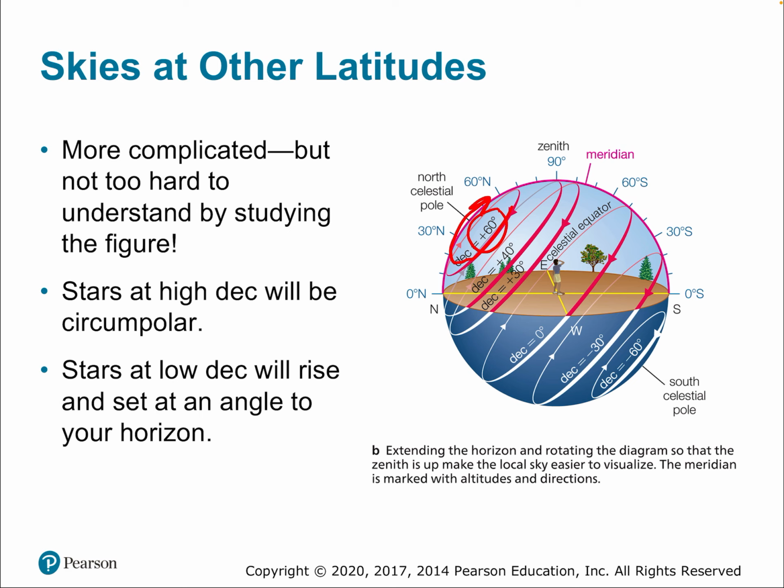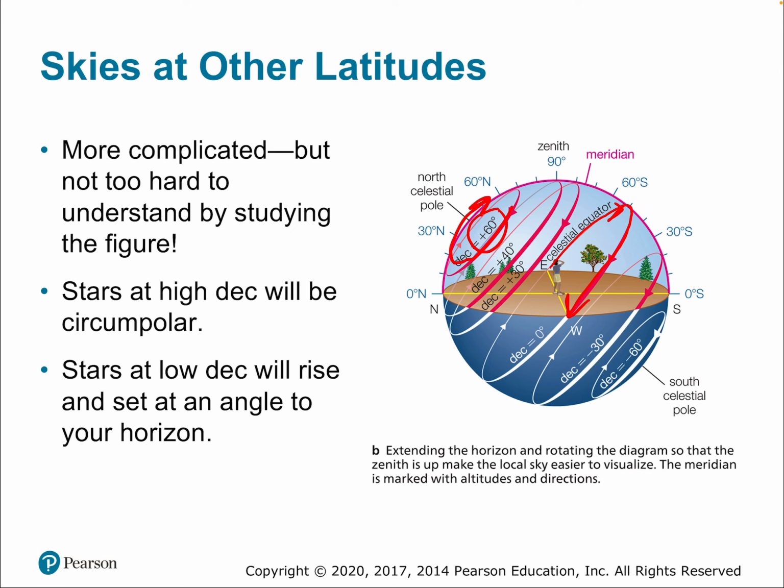So stars that, say, have a declination of 0 degrees that are located on the celestial equator, for someone in the northern hemisphere at a middle latitude, they'll see a star like that rise, take a curved path through the sky, and set, okay? So it won't follow a direct line. It won't go straight through the zenith by any means, even if it rises from the due east.